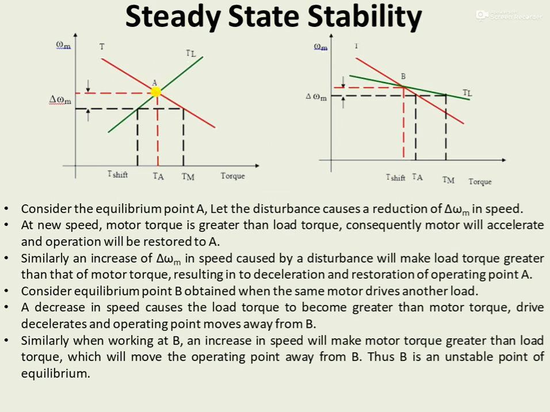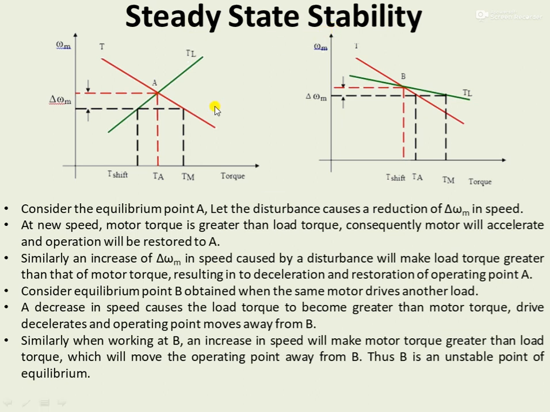Suppose due to some disturbance this drive comes out of this steady state or equilibrium point, and the drive has the ability to bring it back to this equilibrium point, then that particular drive is said to be steady state stable.